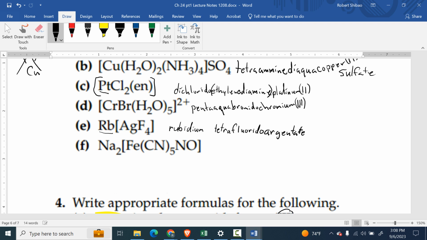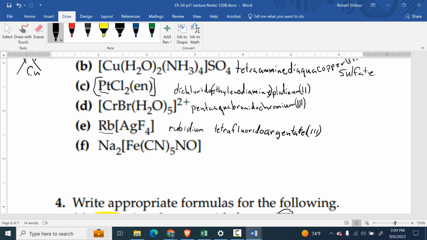What must be the charge on silver here? If silver is +1 and then fluoridos are -1, do the charges add up? No. That means the charge on silver must be +3. This has got to be argentate Roman numeral 3, otherwise the charges don't add up.